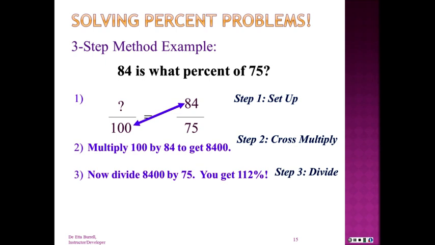Now, when you're looking for the percent, you need to remember when you give your final answer, you have to put the percent sign on it. If you just wrote 112 and no percent, you're wrong because you were looking for a percentage. If you put 112 here, it's okay because you got the 100 there. But if you just write the answer, you need to make sure you got a percentage sign there. That's just a warning.